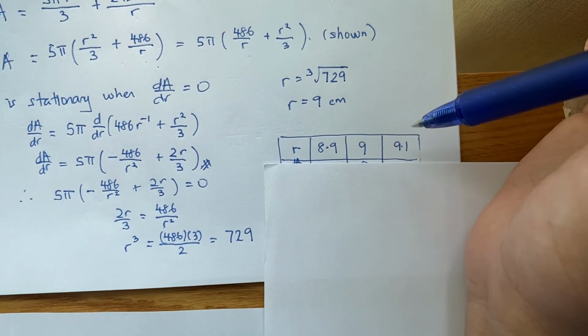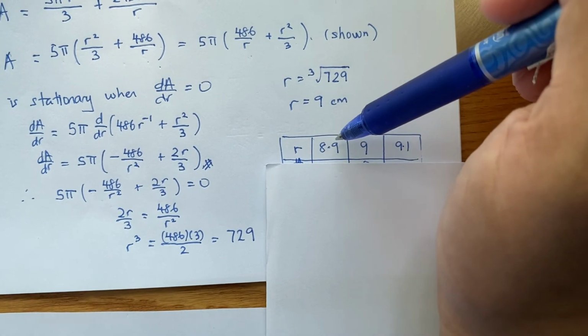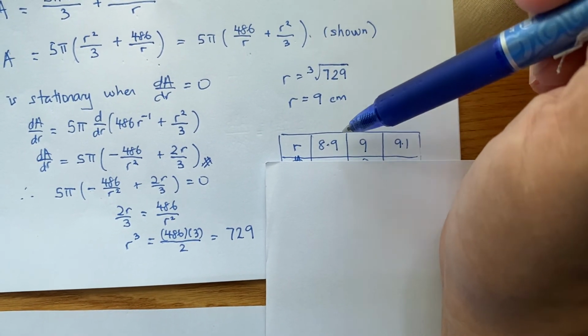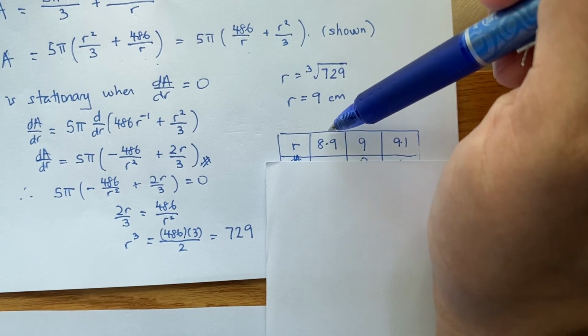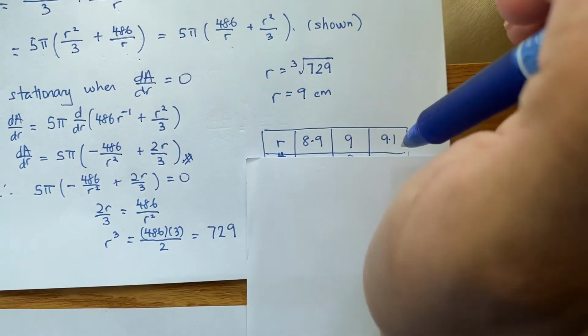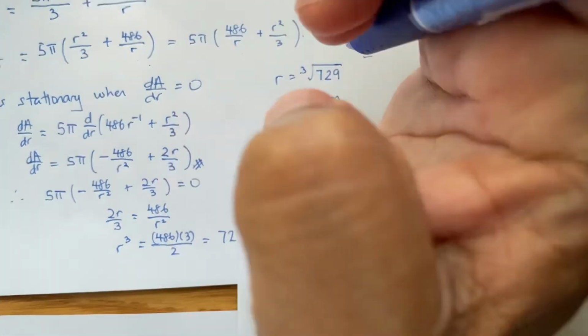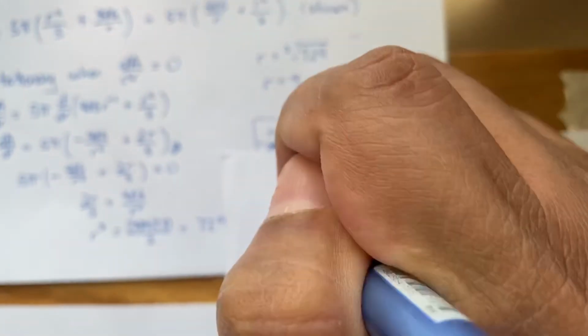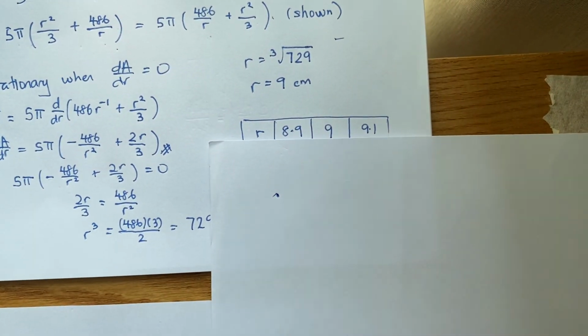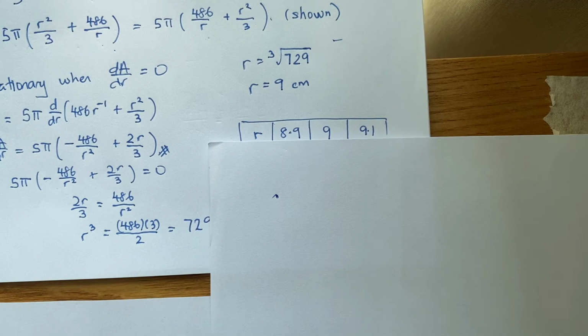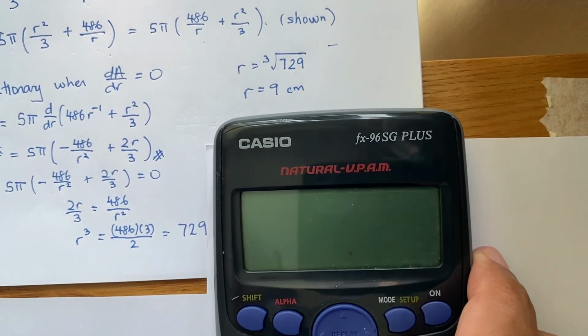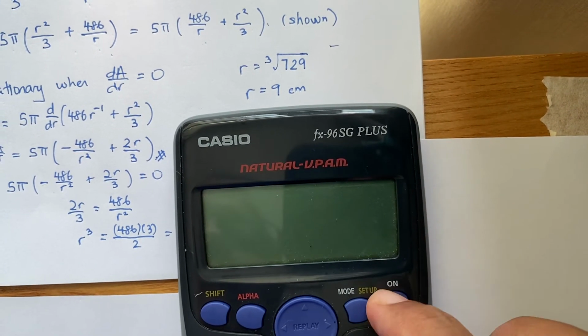I'm finding the gradient near 9 on the left and on the right. I put 8.9 and 9.1. Now I'm going to use my calculator to work it out. Now this is my dA/dr.